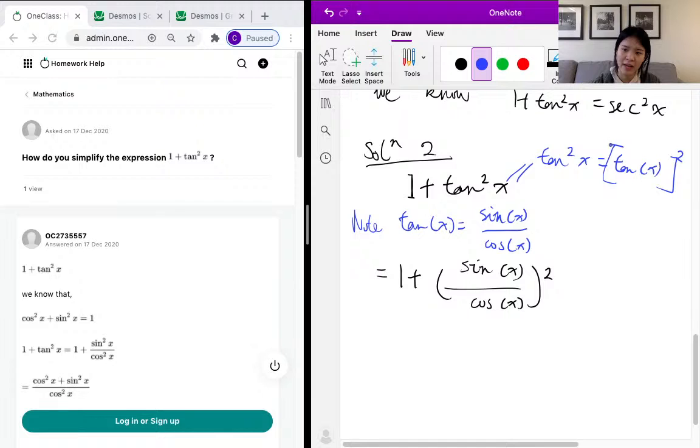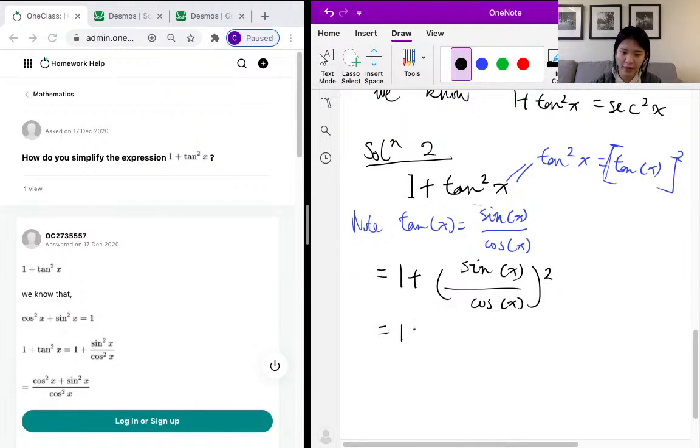But you see how writing tan of x squared like this takes a lot of effort and has a lot of brackets, and it's not as clean as just writing tan squared x. That's why people just use this notation, but it basically means the same thing. So there's nothing really confusing about it.